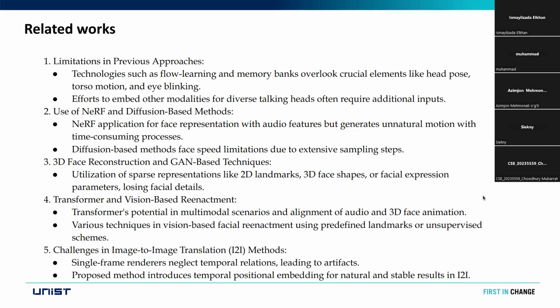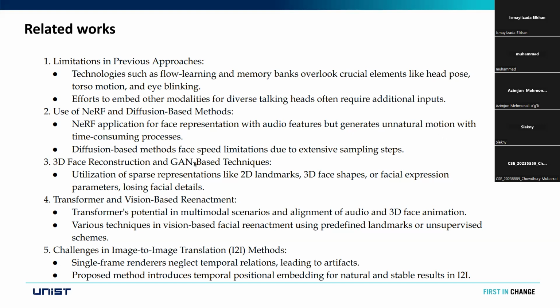The related work to this paper: technologies such as flow learning and memory banks overlook crucial elements like head pose, torso motion, and eye blinking. Neural radiance fields and diffusion-based methods fail to become applicable because of limitations due to extensive sampling steps.